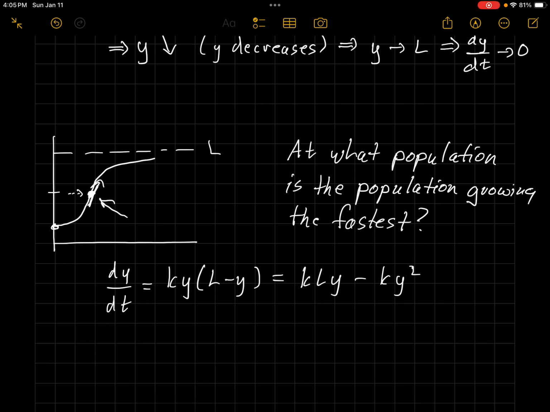At what population is the population growing the fastest? The rate at which the population is growing is the rate of change of the population. So I'm talking about this equation. And I want to know when the population is growing the fastest. That is, I want to find the maximum rate of change.